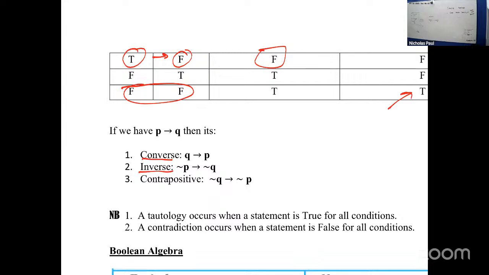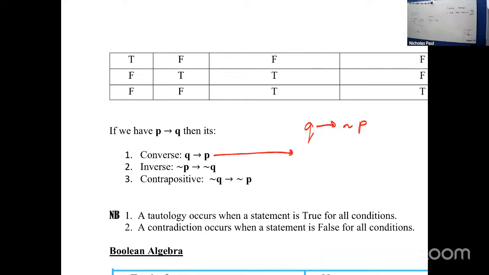For example, if I gave you the statement Q implies the negation of P, and asked what the converse is, all we have to do is flip them around. So you'll get the negation of P implies Q. You're just switching them around. If I asked what the inverse is, all we have to do is negate the original.